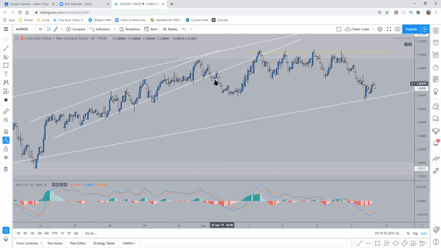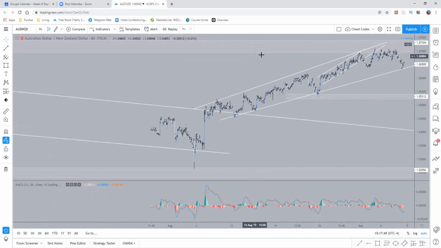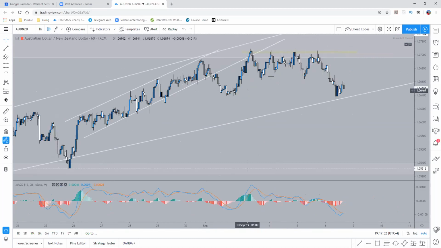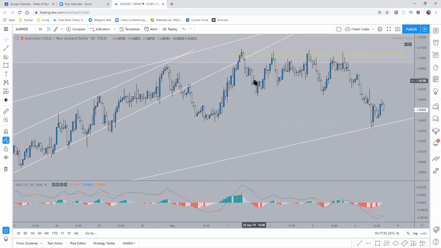So then I got a breakout of that ascending channel. And then this move up, this impulsive move right here, based on what I know, this is pretty much a fake out. If I have a strong area of resistance and two ascending channels, my bias is sell all the way, especially if I got a breakout here.